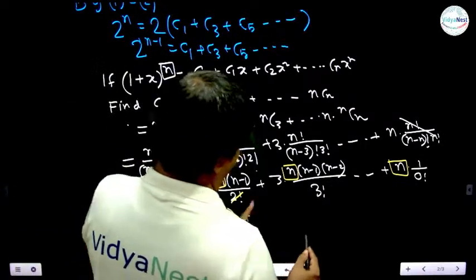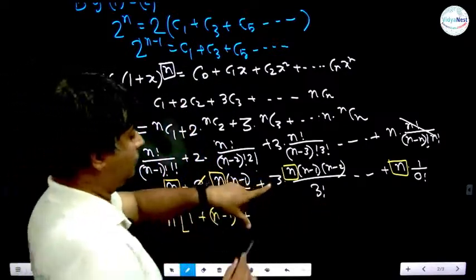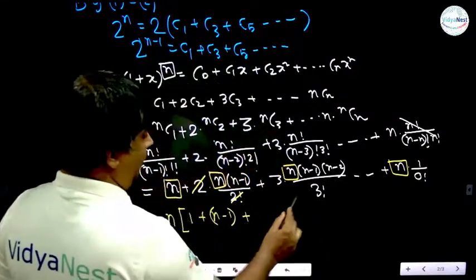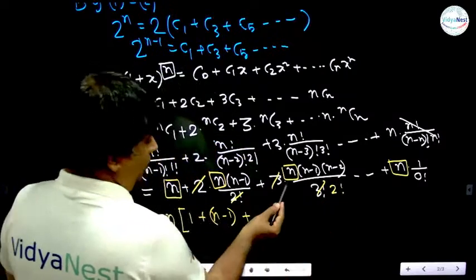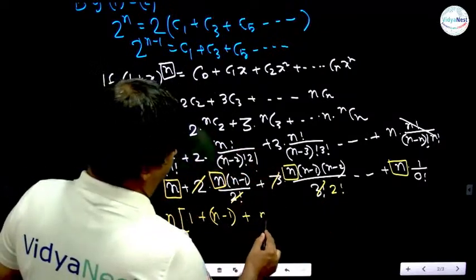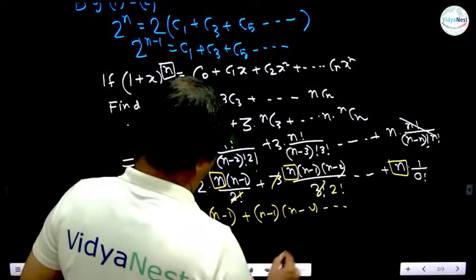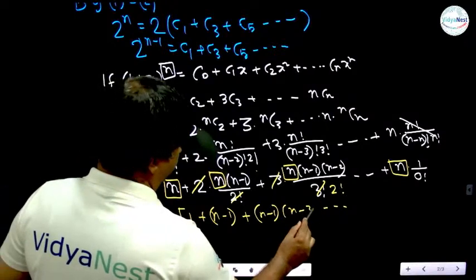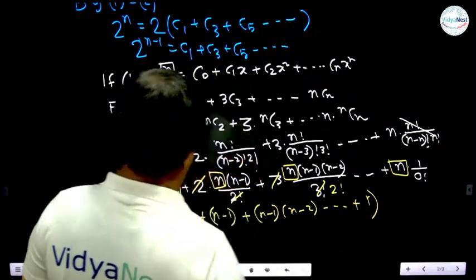Now 3 and factorial 3 can be cancelled. See, this 3 will be 3 into factorial 2, so the 3 will be cut and factorial 2 will remain. And n is already taken common. The last term also becomes 1, because factorial 0 is 1.